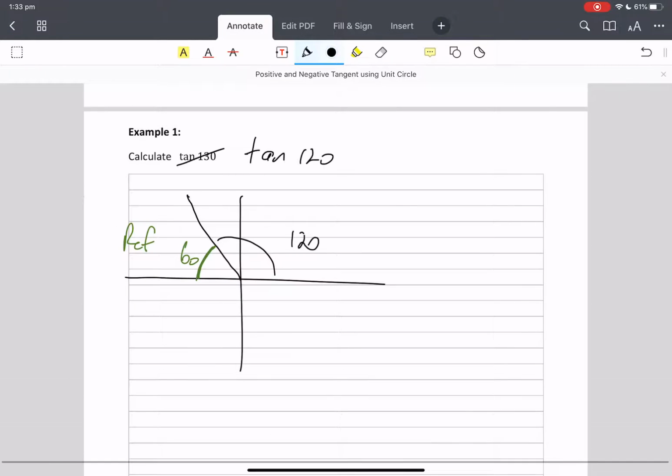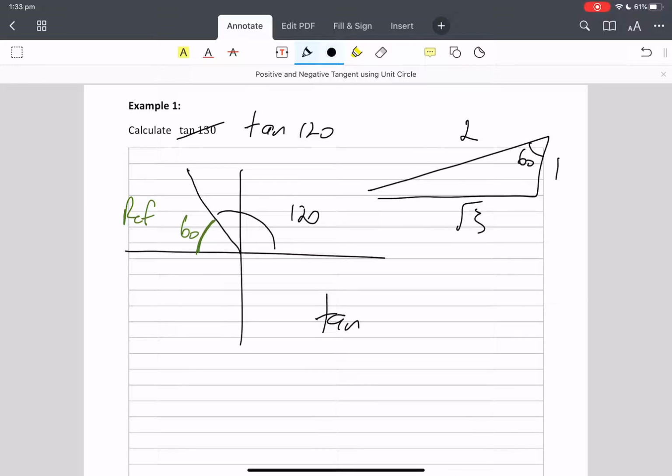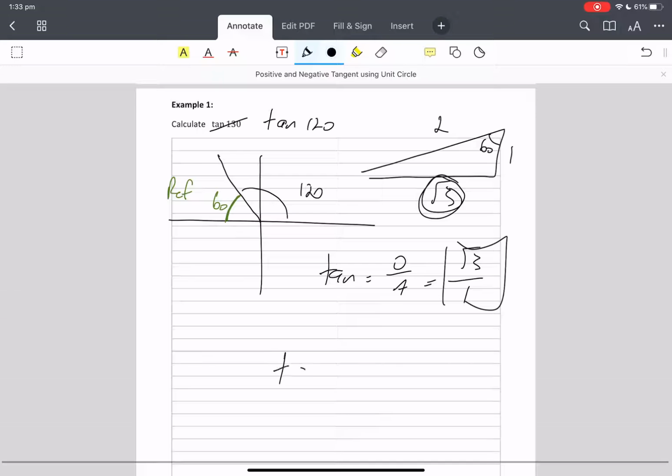So I need to draw a 2, 1, root 3. Tan is O on A, which is root 3 on 1. So there we go. We know the value of tan 120 is root 3.